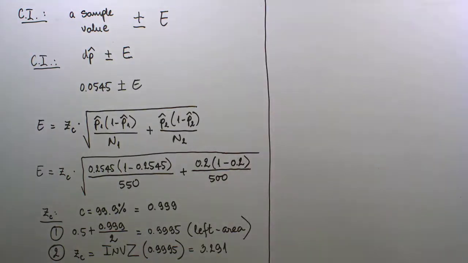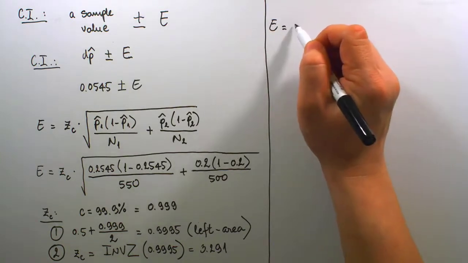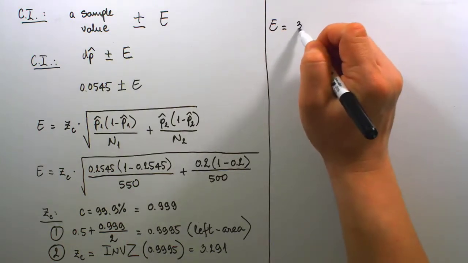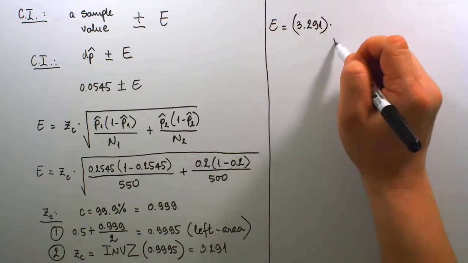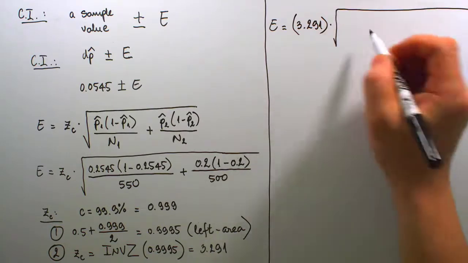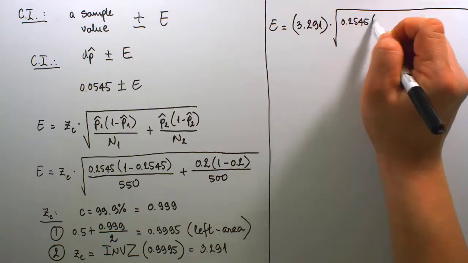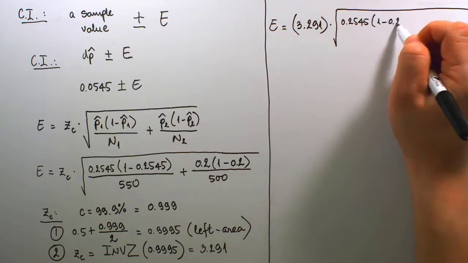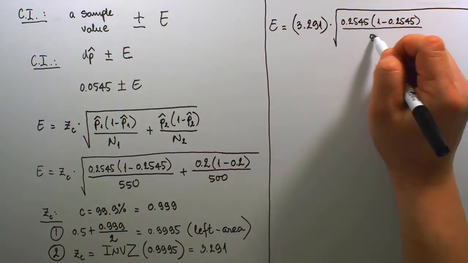And so now after successfully finding the value for z sub c, our margin of error formula is ready for the final calculation. So as a calculation, it is 3.291 to be substituted for z sub c, and the rest of the expression will be the square root of 0.2545 in product with 1 minus 0.2545, divided by sample size 550.